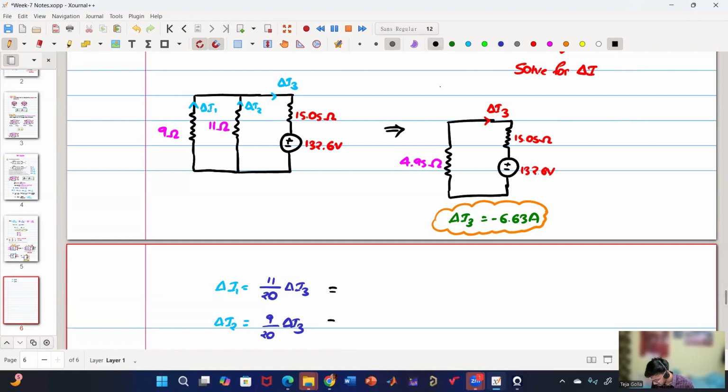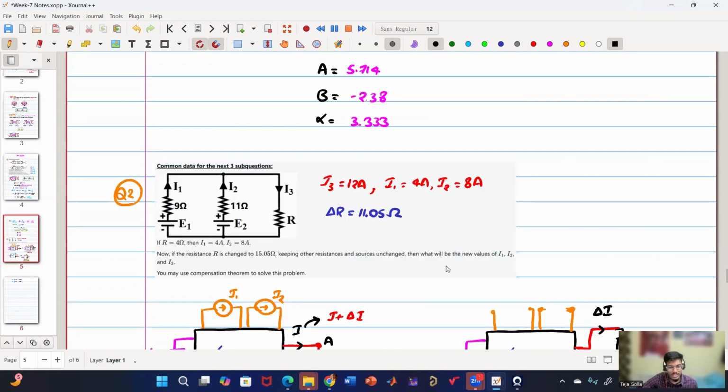Delta I1 is minus 3.646, sir. Delta I2 is minus 2.98, sir. Okay, very good. So they're asking what are the new values. The new values are I1 plus delta I1, I2 plus delta I2, I3 plus delta I3.